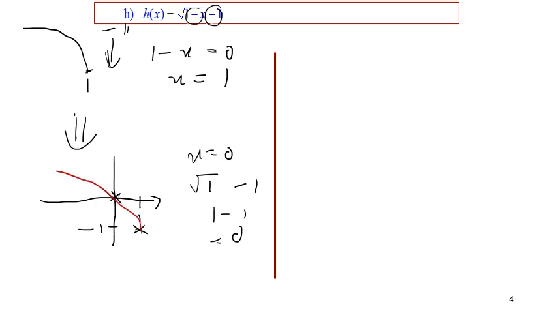For question H, the domain, we cannot start with 1 because the graph is moved to the left.